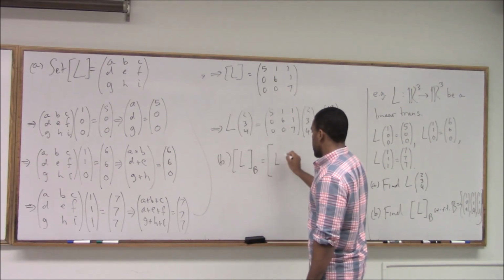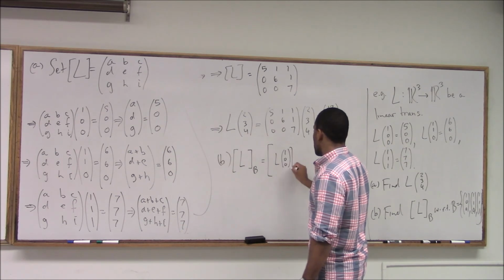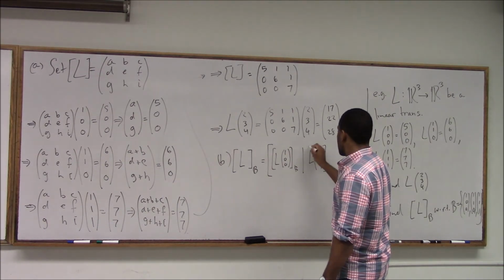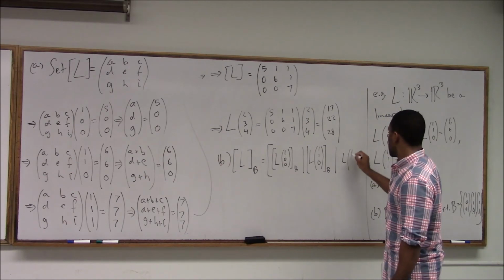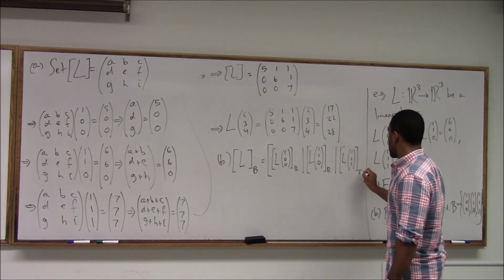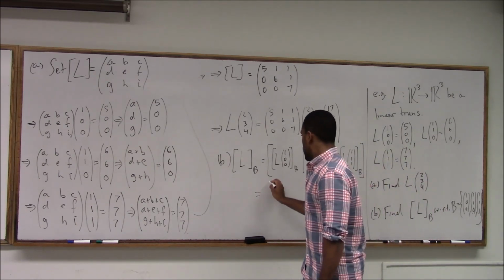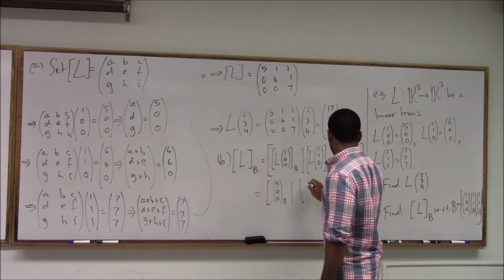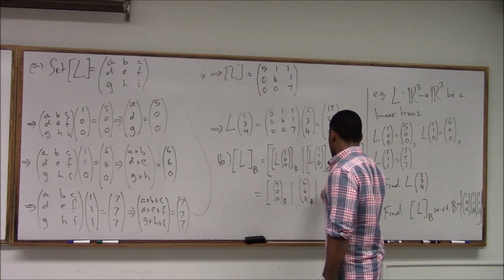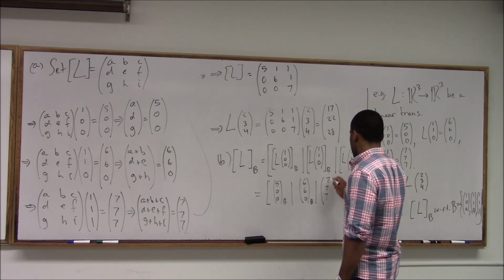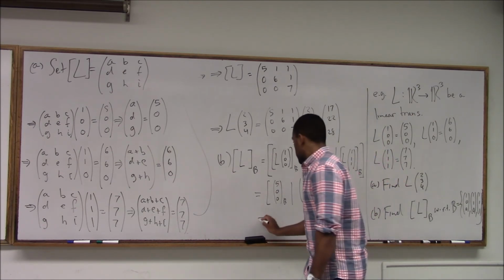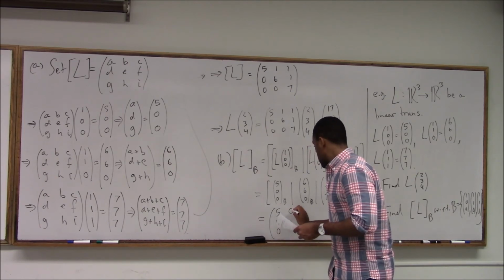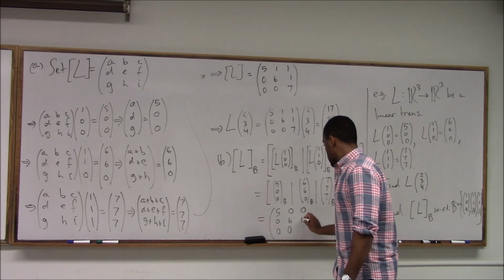So what I'm going to do is use the idea that I'm going to translate what L does on the old bases and write those in terms of the basis B. And so this means I want to write 5, 0, 0 in terms of basis B. I also want to write 6, 6, 0 in terms of the basis B. I also want to write 7, 7, 7 in terms of the basis B. You can set up a system of equations for that, and it will give me 5, 0, 0, 0, 6, 0, and 0, 0, 7.